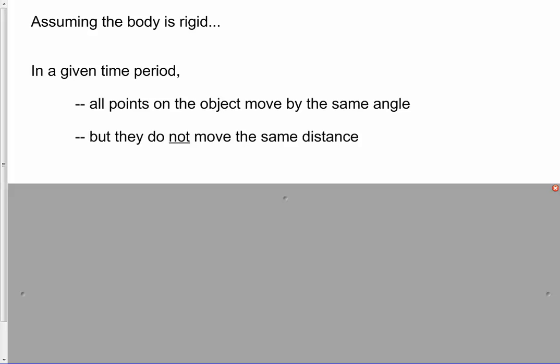One last thing to talk about with the kinematics of rotational motion. We want to link these new angular quantities that we've been talking about with actual positions, like in meters. So let me explain. Let's assume the body is rigid.